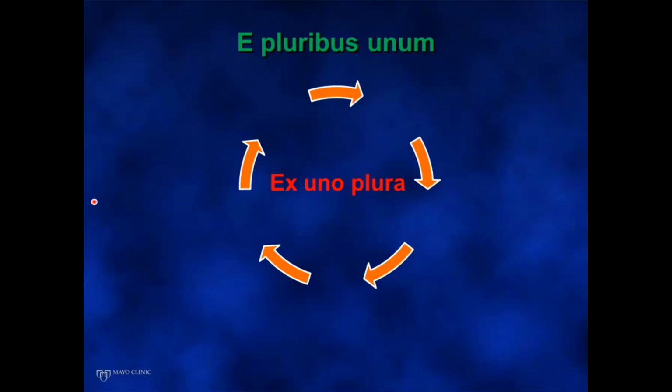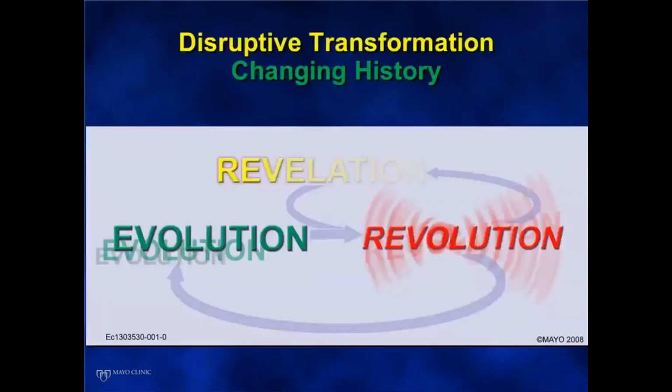So that's the case report that's turned into sort of 20 years of research in different areas. So I would say that disruptive transformation can start with a single case and it can change history books. So again, don't believe everything you read. Evolution is not very far from revolution, which started with a revelation.